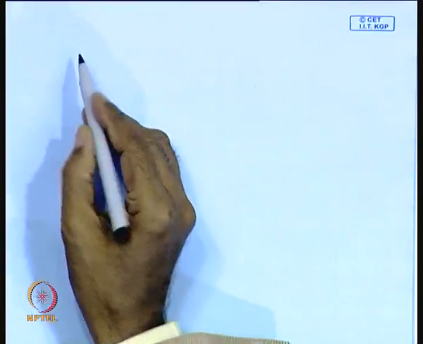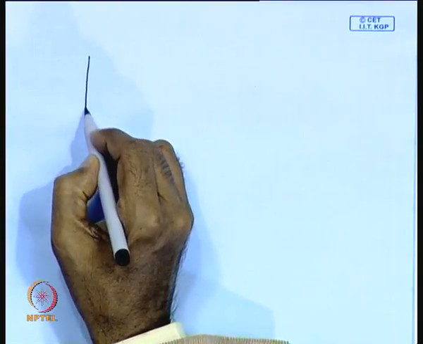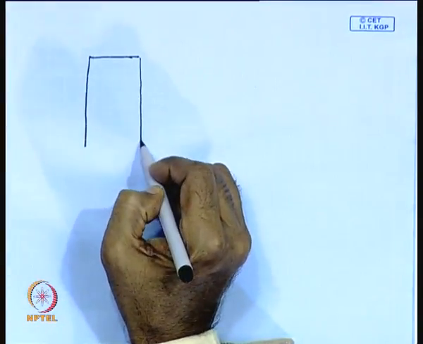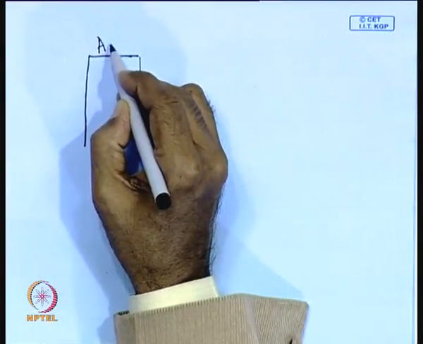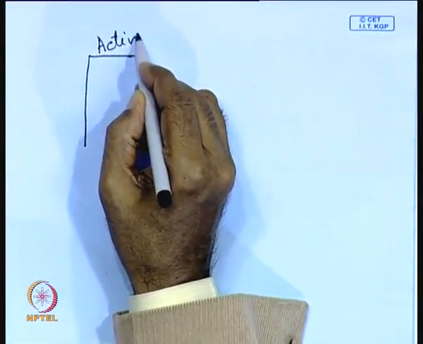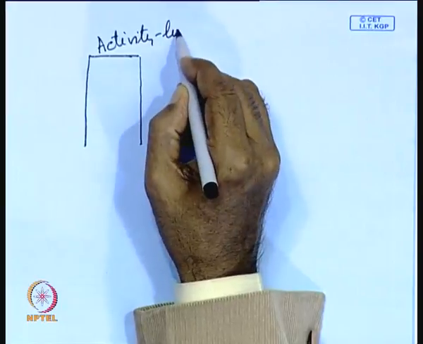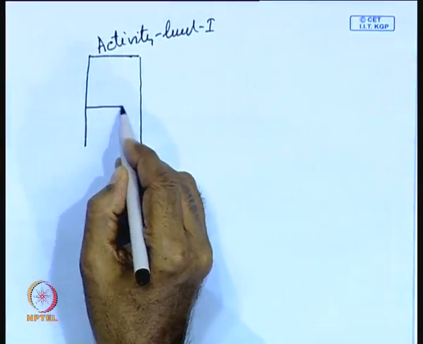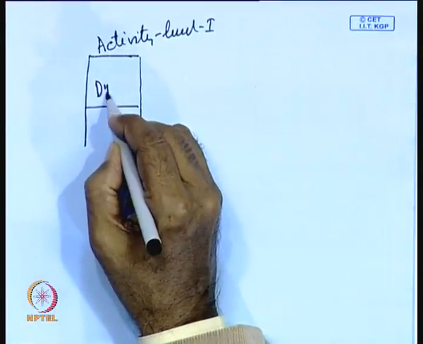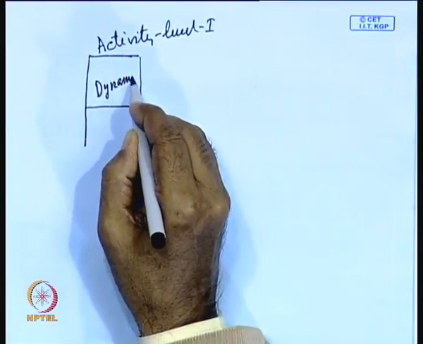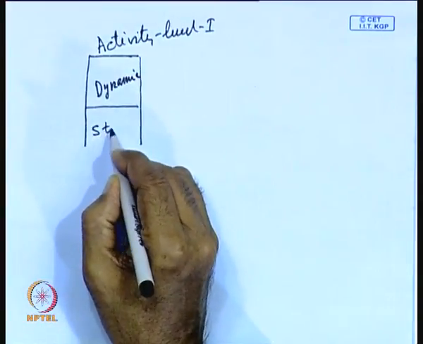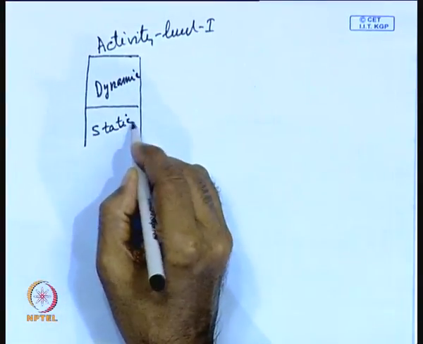As you know, when a particular circuit is in normal mode of operation, say this corresponds to activity level 1, in such a case you have both dynamic and static power, which is essentially leakage power.